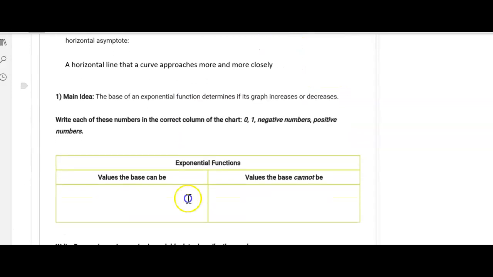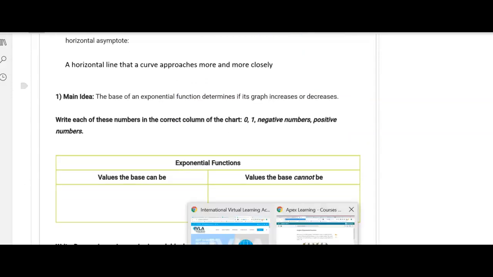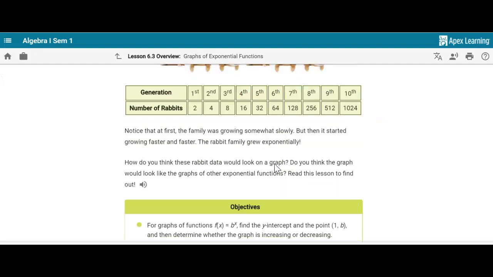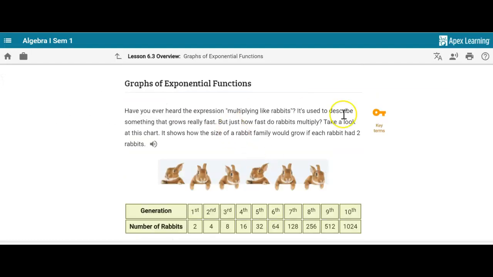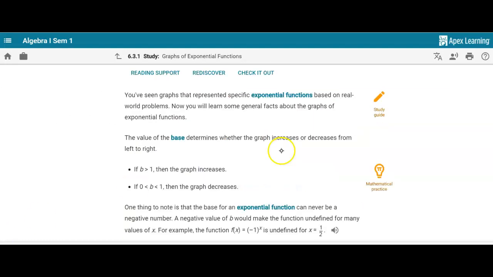Next, we're going to go back to the lesson. Yesterday we talked about what exponential functions have. An exponential function is f of x equals a times b to the x power.